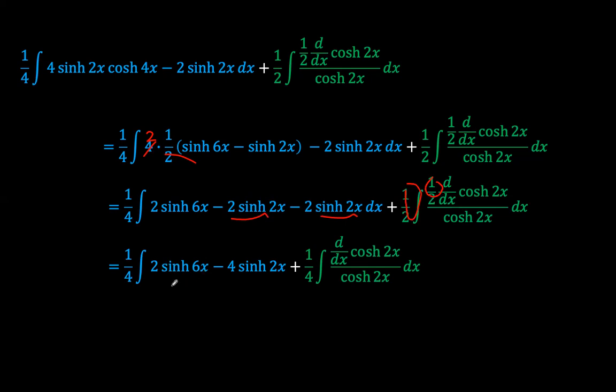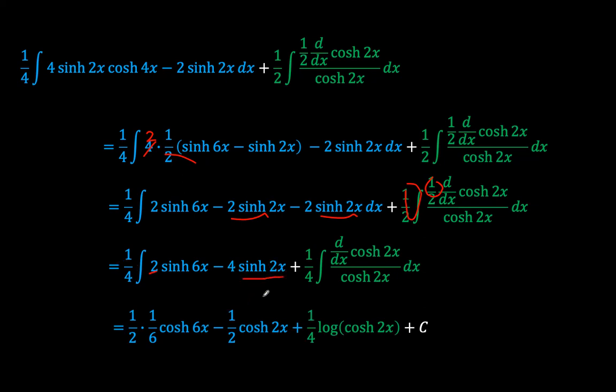Now we have this, now we go backwards, and so we have a half, because it's 2 and it's 4 results. 2 times a quarter is a half. And then we have 1 over 6 cosh 6x. And then we have this 4 and 4. 4 times a quarter becomes 1. So now we have just this to integrate, which is minus a half cosh 2x plus a quarter.